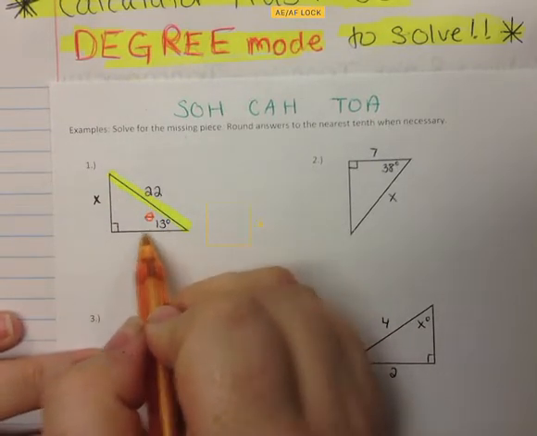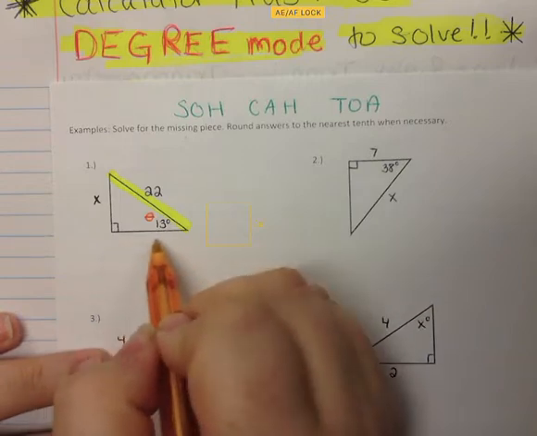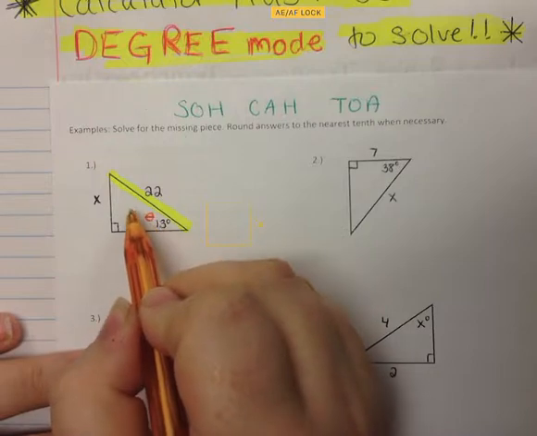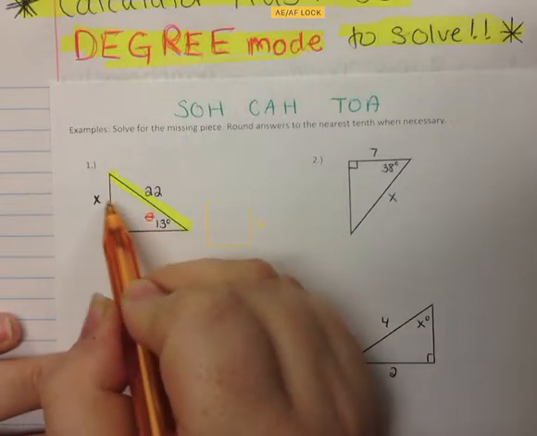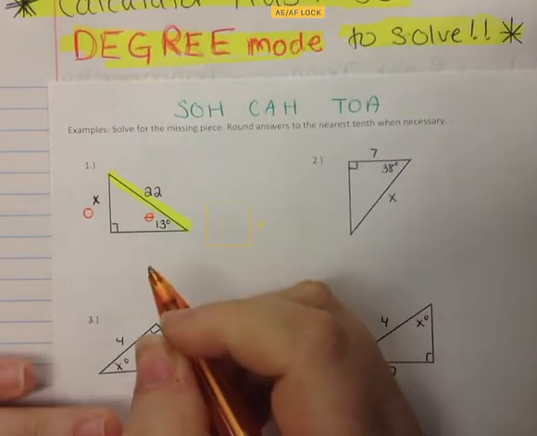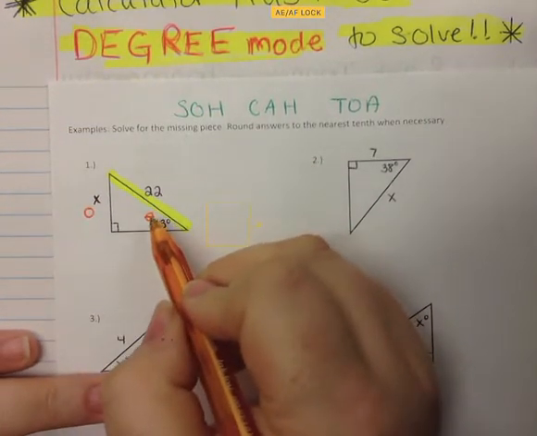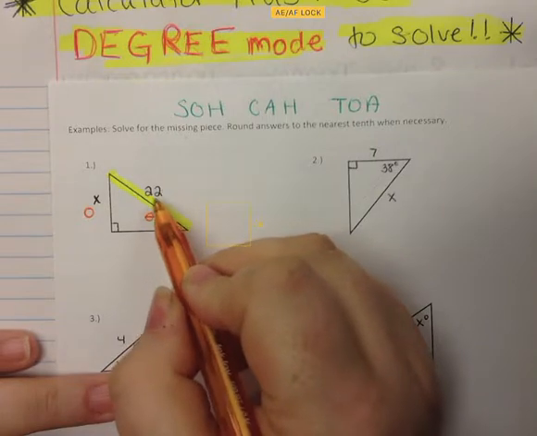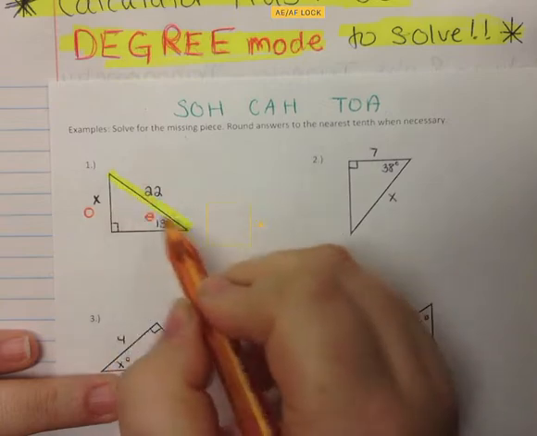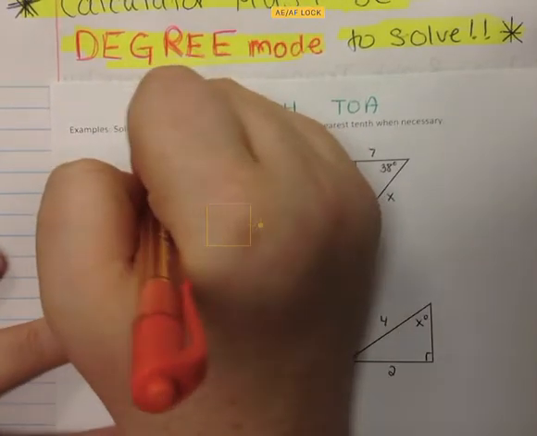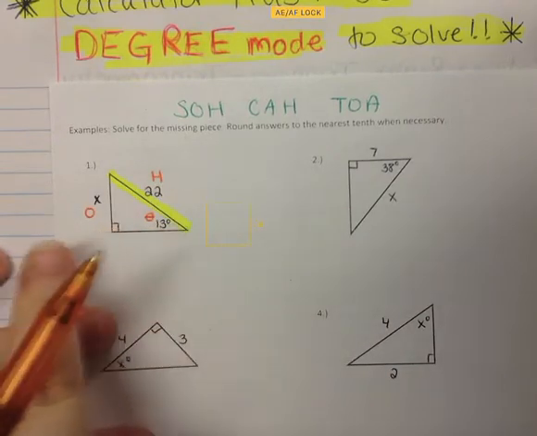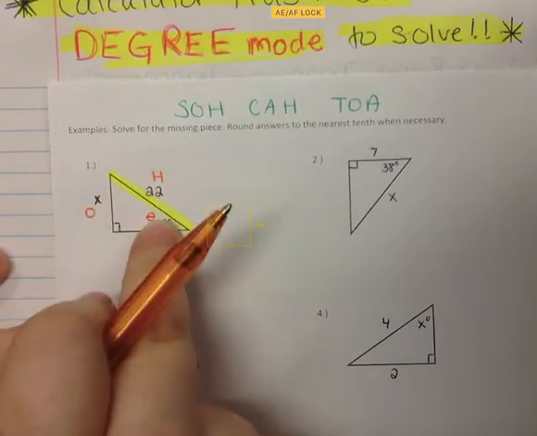There's nothing labeled on this side, so we don't even worry about it. The x is over here. So with regards to theta, this is your opposite of theta. I'm going to label this as O. The 22 is actually on the yellow part, so we don't even care with regards to theta. That is your hypotenuse. So we can put the H. We have everything that we needed labeled. Everything that's already there is labeled.